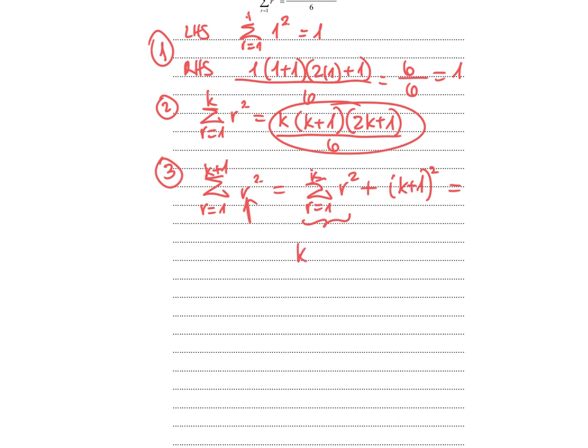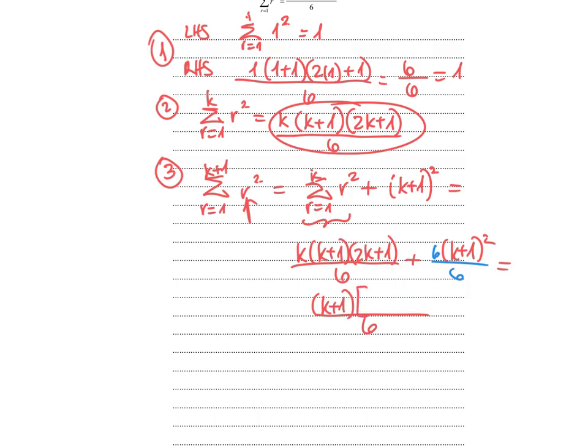So we have k plus 1, 2k plus 1 over 6, plus k plus 1 squared. We need to make the same denominator, 6 and 6, so now all over 6. We're just going to factor out a k plus 1.